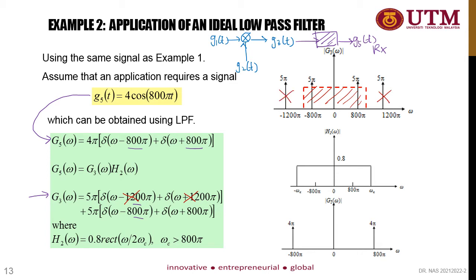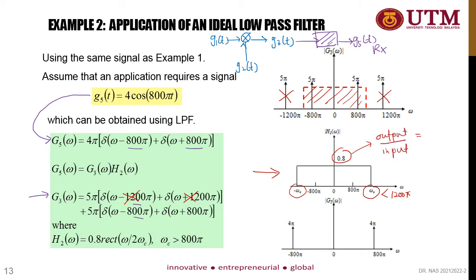This is how the filter response looks, in which the cutoff frequency must be larger than 800 pi but lower than 1200 pi. How about the magnitude of the filter? It is basically the ratio between the output and the input amplitude.